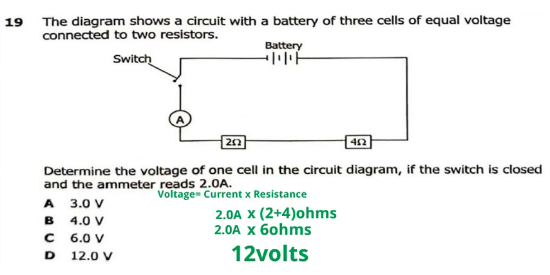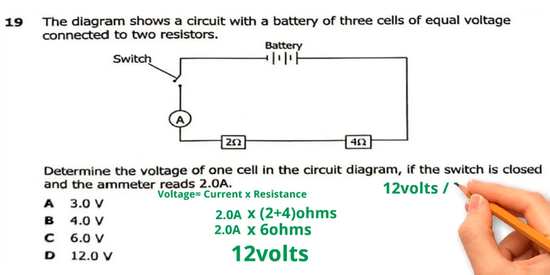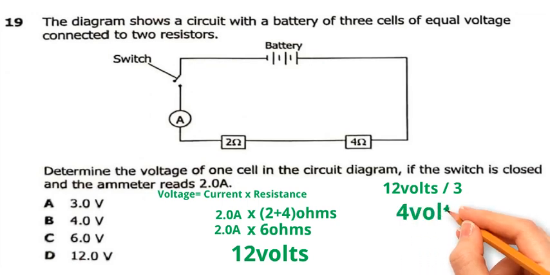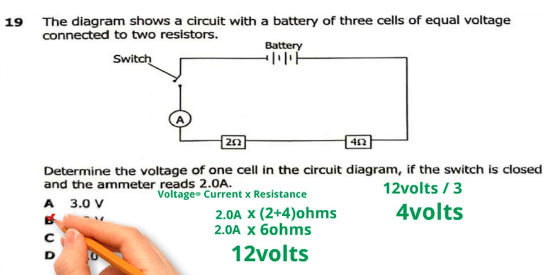We say 12 volts divided by 3, which is the number of cells. Then we come up with 4 volts. 4 volts is the voltage of one cell. So the correct answer is B.